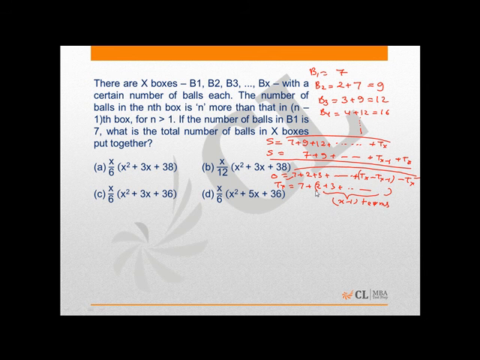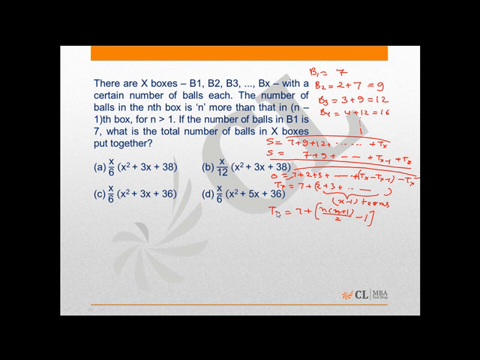We know that the summation of the first n natural numbers is n into n plus 1 upon 2. Here 1 is missing, so I can write this as 7 plus n into n plus 1 divided by 2 minus 1. n into n plus 1 upon 2 is the summation of n terms, but 1 is missing, so I have subtracted 1 from this.